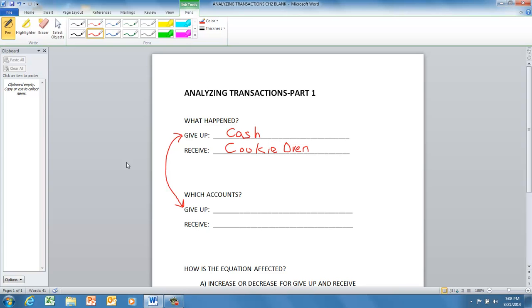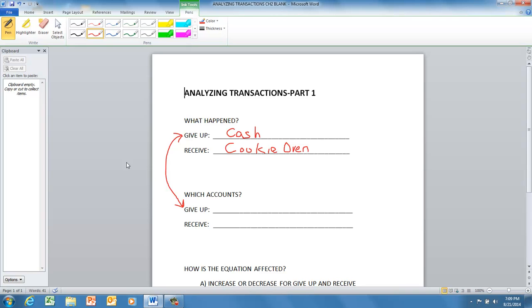So if we were to look at a chart of accounts for this cookie business, we would see that they had some assets, some liabilities, some owner's equity accounts. Now, they're giving up cash. Cash is something that the business owns, and so therefore on the chart of accounts I would look under assets.